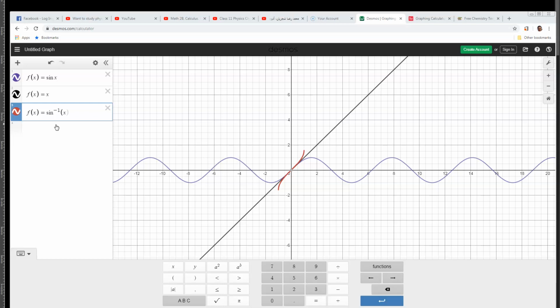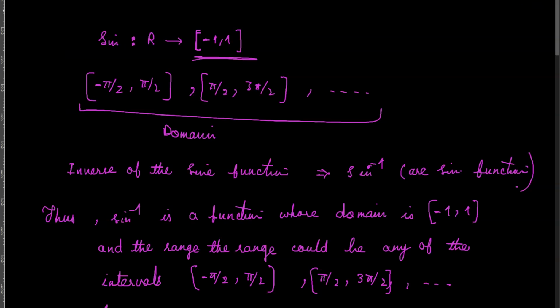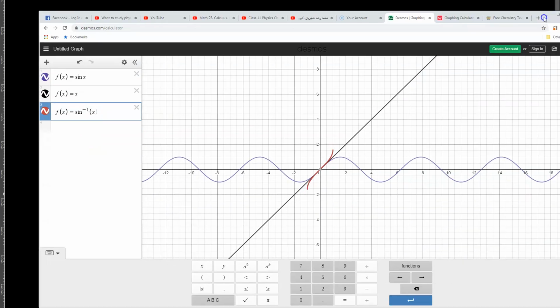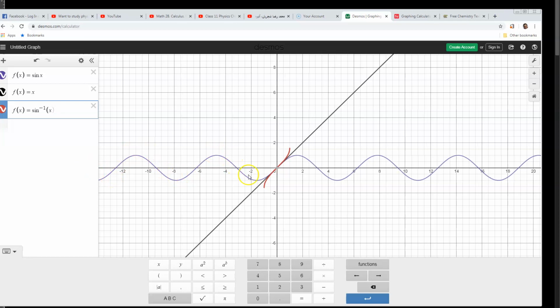We said that since the sine function is defined from R to the closed interval -1, 1, the function is going to be something like this. You can see that the function is not one-one.